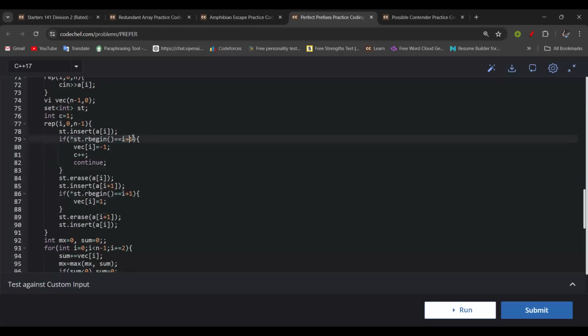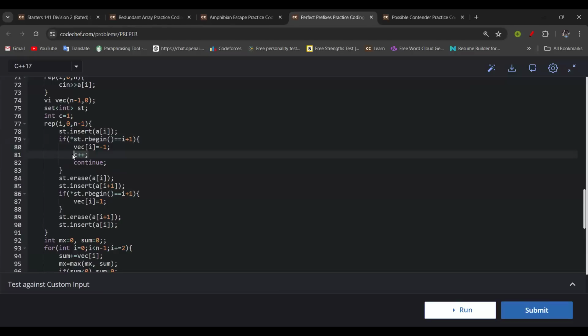If this is equal to i plus one, because I have taken zero based indexing and it starts with i equal to zero, I would check with i plus one. If you take one based indexing, you would check with i. So this is my check. If this is satisfied, I would increment c, which stores the beauty of my actual array.